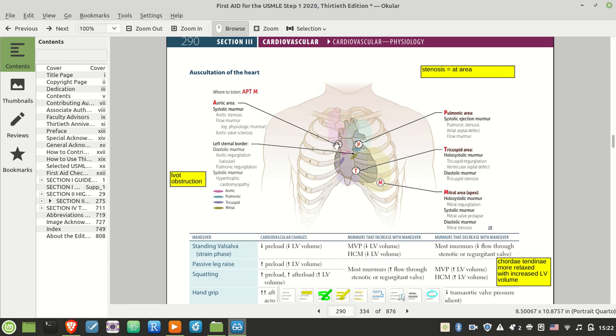Something else you're not really going to get tested on, but it's really good to know, is the valve positions relative to where you actually hear everything. So at the mitral area, you hear a lot of things great right here, but that's not really where the mitral valve is.